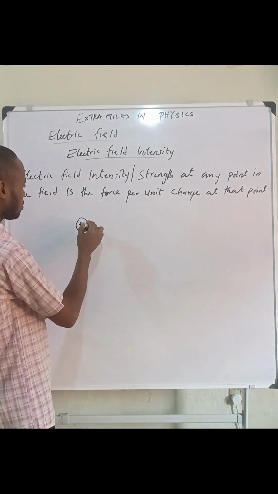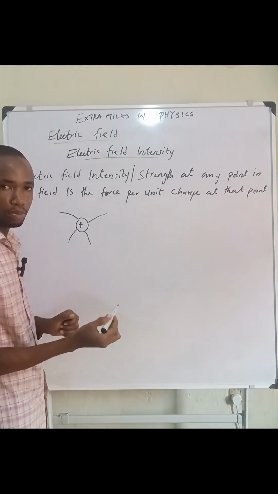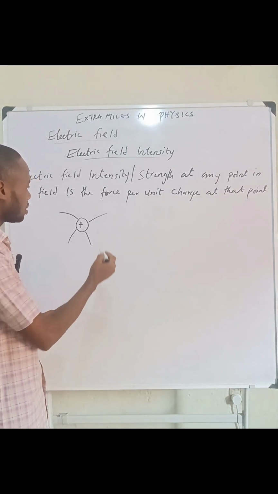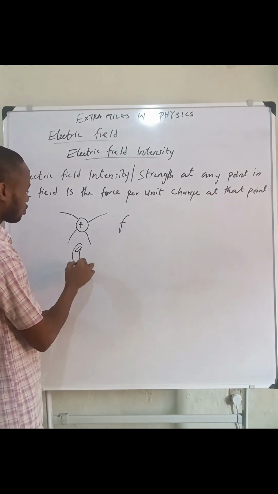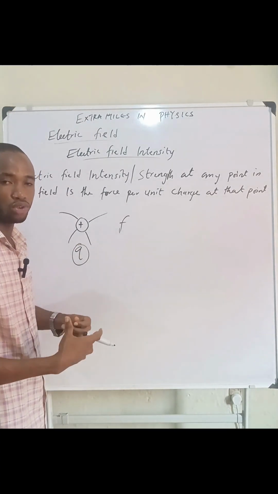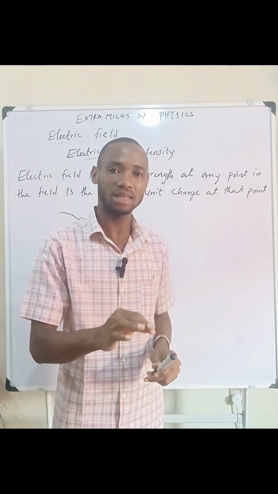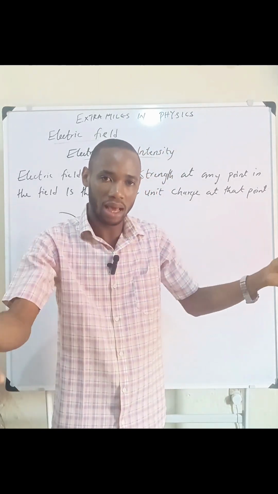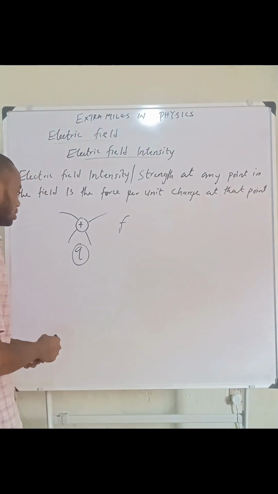The magnitude of force that this charge will experience, either push or pull, is what is known as the electric field strength. The strength of the electric field at any point in space is what we call the electric field strength.